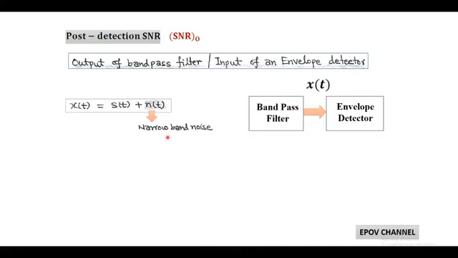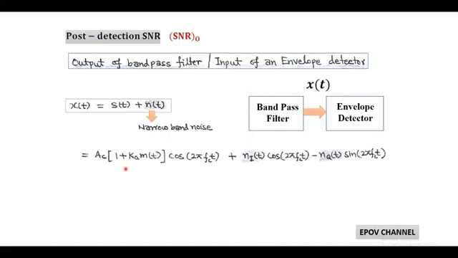So we put s(t) as a double sideband full carrier signal, equal to Ac[1 + Ka m(t)] cos 2πfct, and n(t) as a narrowband noise in terms of in phase and quadrature component, which is nI cos 2πfct minus nQ sin 2πfct.